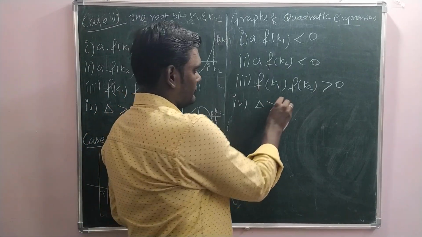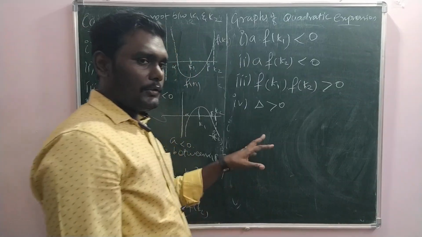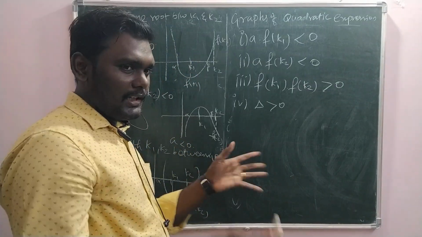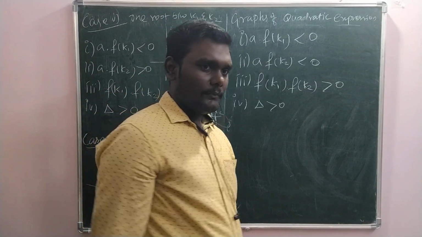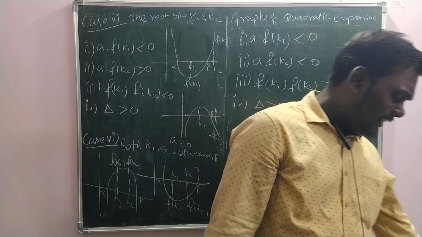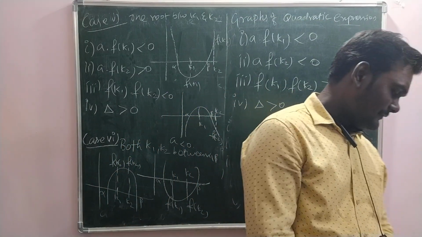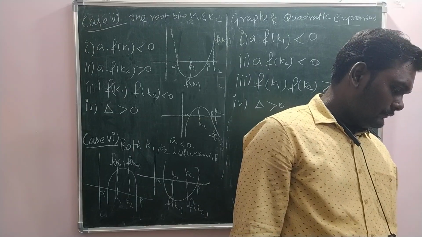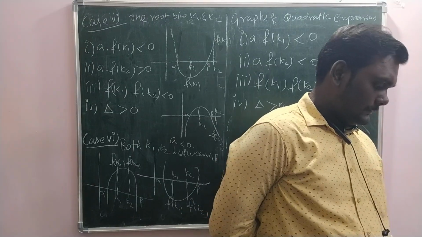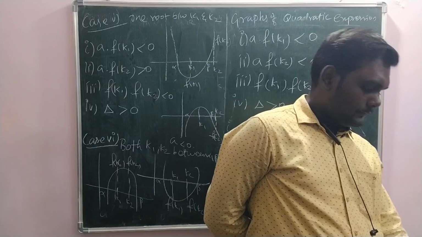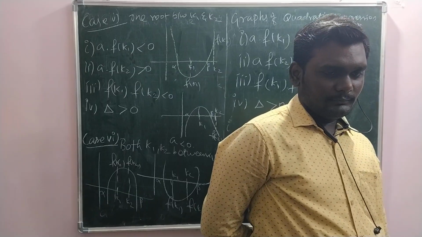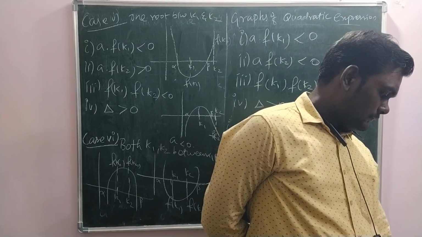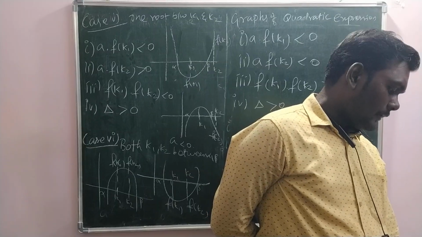It is not sure, because alpha and beta may converge. That is it. Why have we studied all these things?